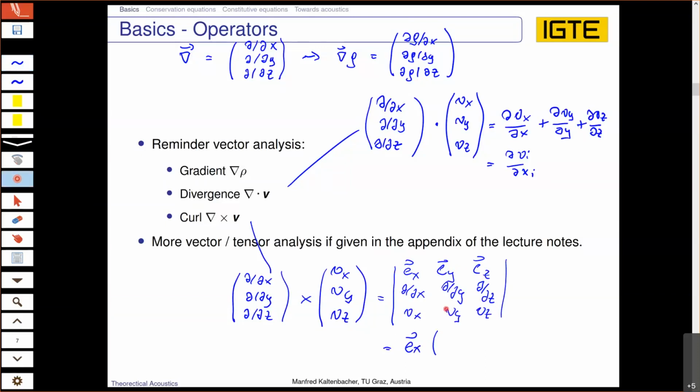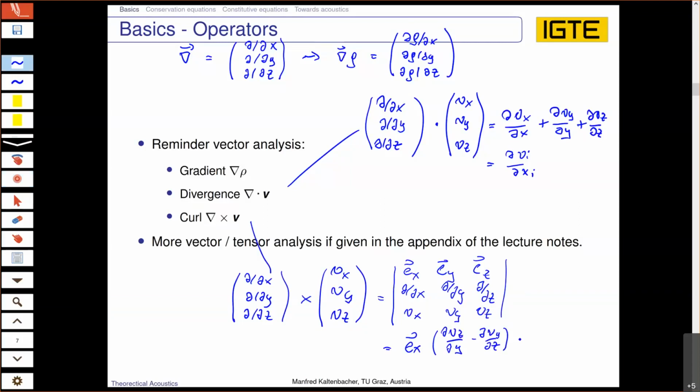So we have to take the partial derivative of the z component of v with respect to y minus the y component with respect to z. As I write it here, it is dvz dy minus dvy dz.